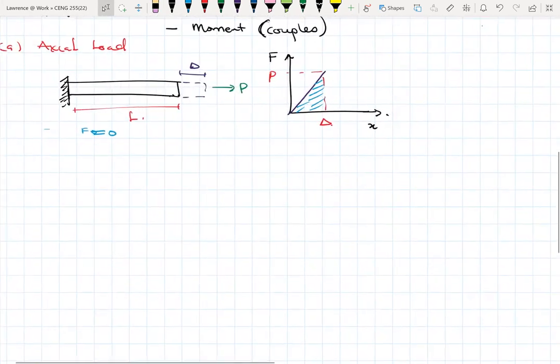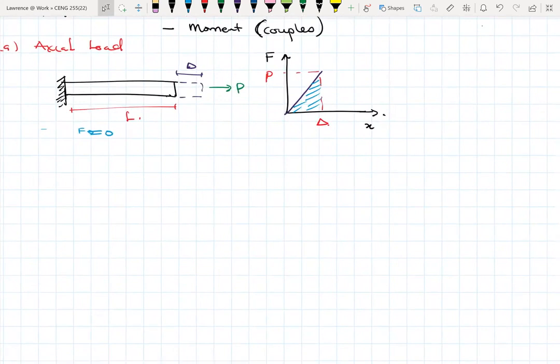So here we can see that the force F will gradually increase from 0 all the way towards P. So the work done by P, which is the external work done due to this axial load, will then be the force applied times the distance moved.